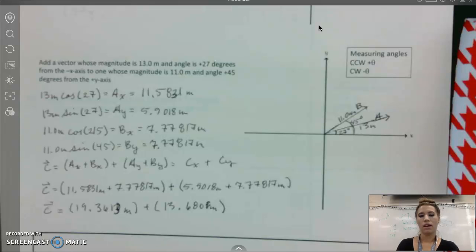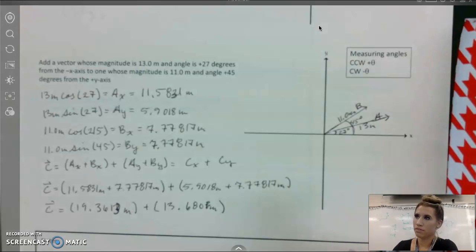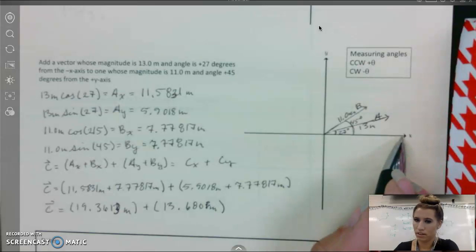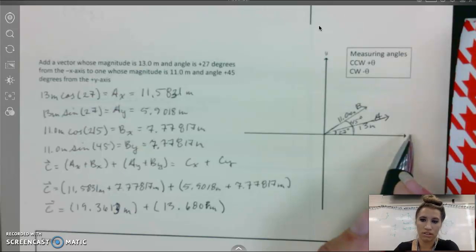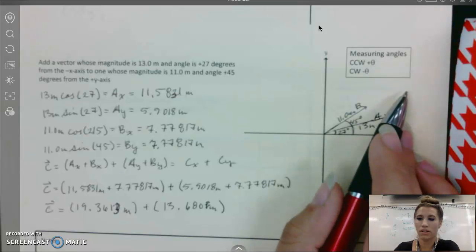Okay. And now let's use Pythagorean theorem to figure out the magnitude of C. Just a reminder, our C vector here, we have positive 19 in the x direction, and then we have positive 13 in the y. So probably somewhere up in this range, right?